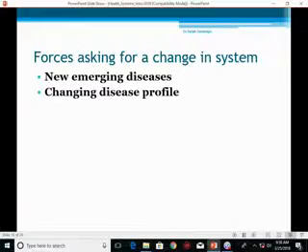Right. Changing disease profile. Earlier it was mostly communicable diseases. Now the profile has changed. We have controlled most of the communicable diseases. Now it's non-communicable disease. So we need to change our surveillance systems and practices depending on the changing disease profile.